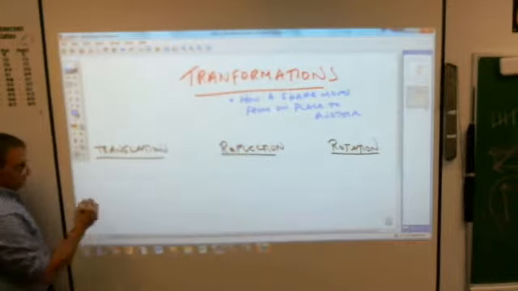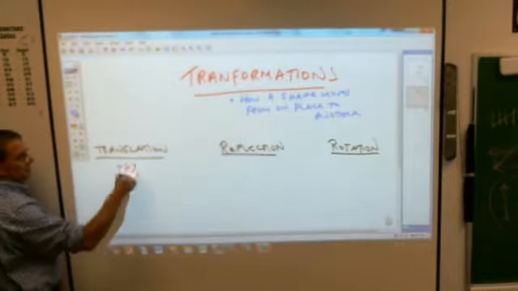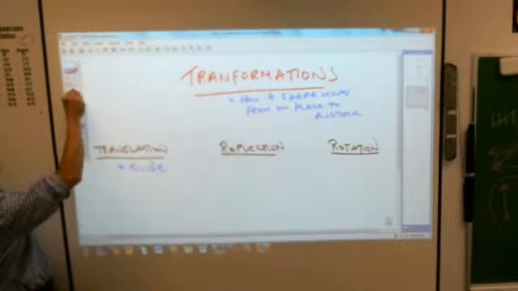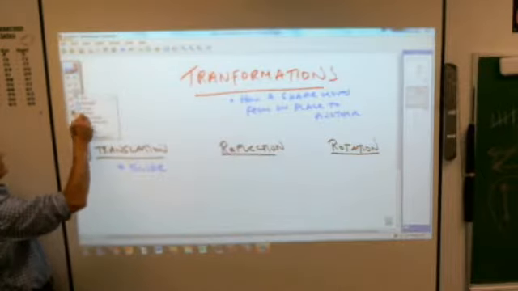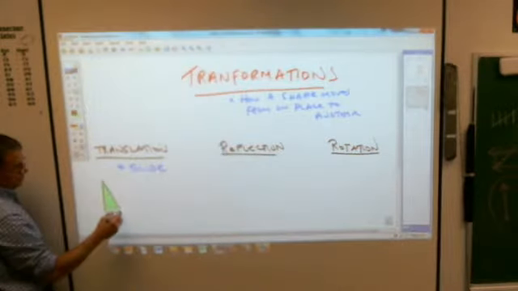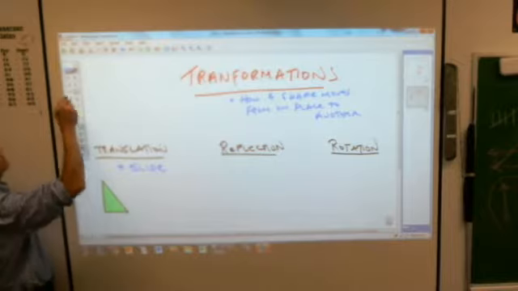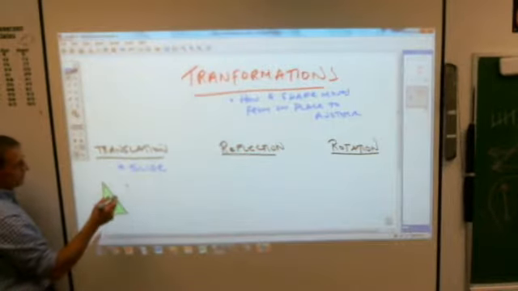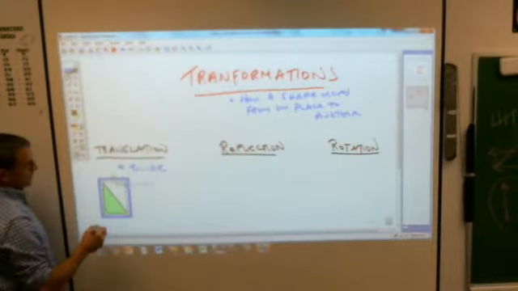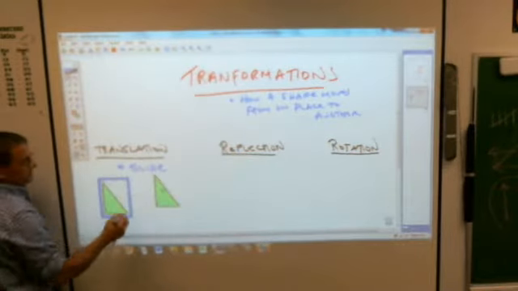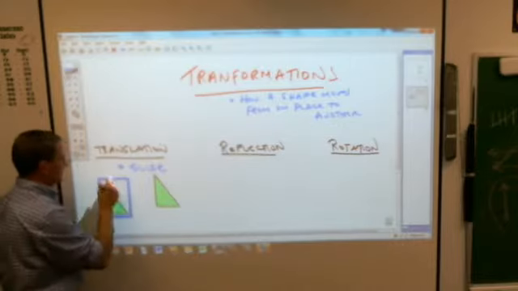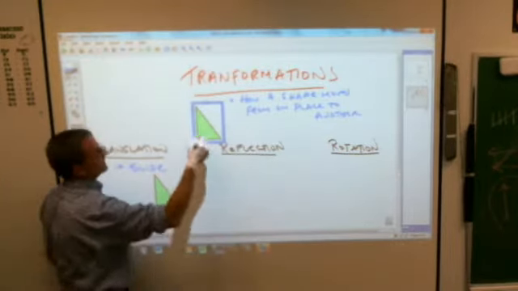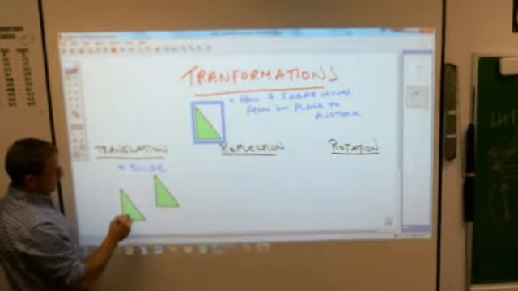The word translation, really, it is just basically when you slide a shape. I'm going to grab a shape up here. Let's use a right triangle. Let's clone this bad boy. A translation means nothing more than this.